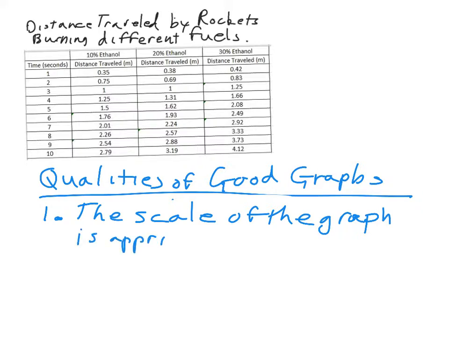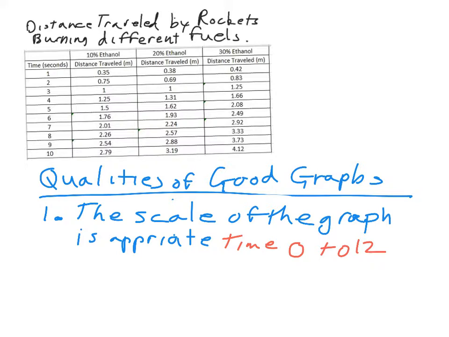For example, if we look at our rocket data again, we're measuring time from 1 second to 10 seconds. So if I was plotting a graph, I might choose to make time and space out my ticks from 0 to 12.